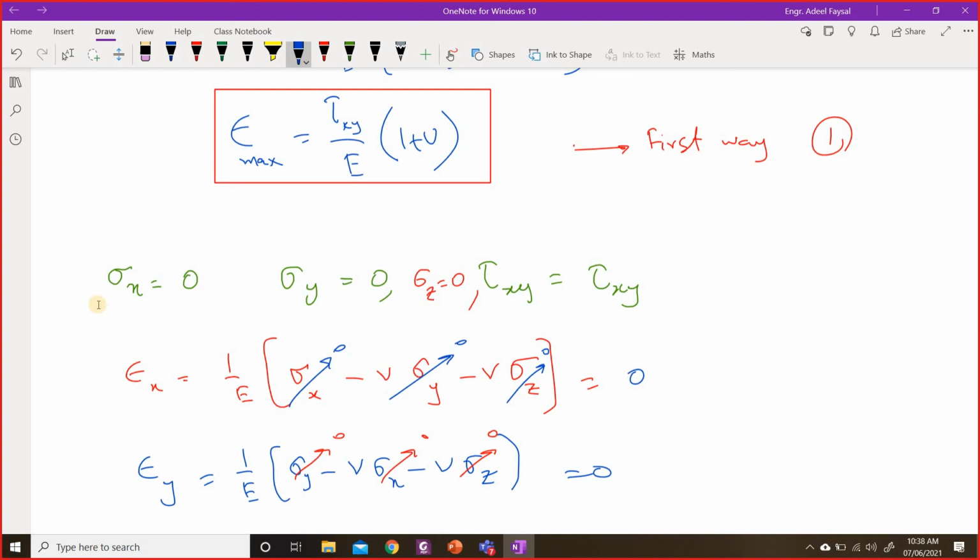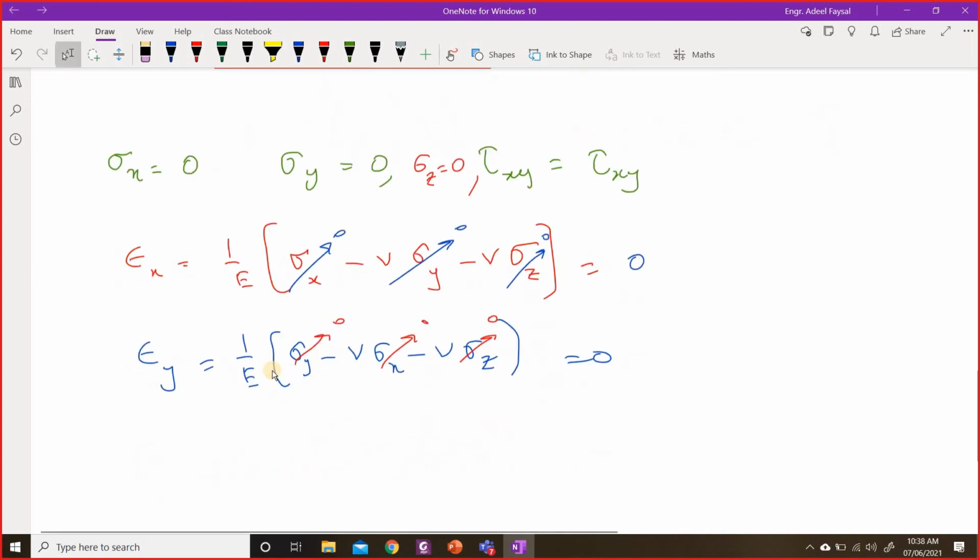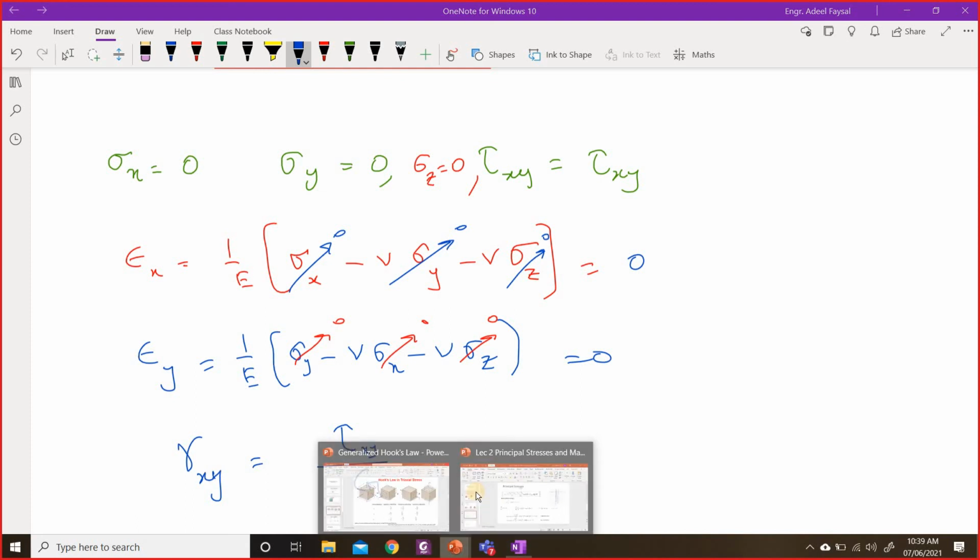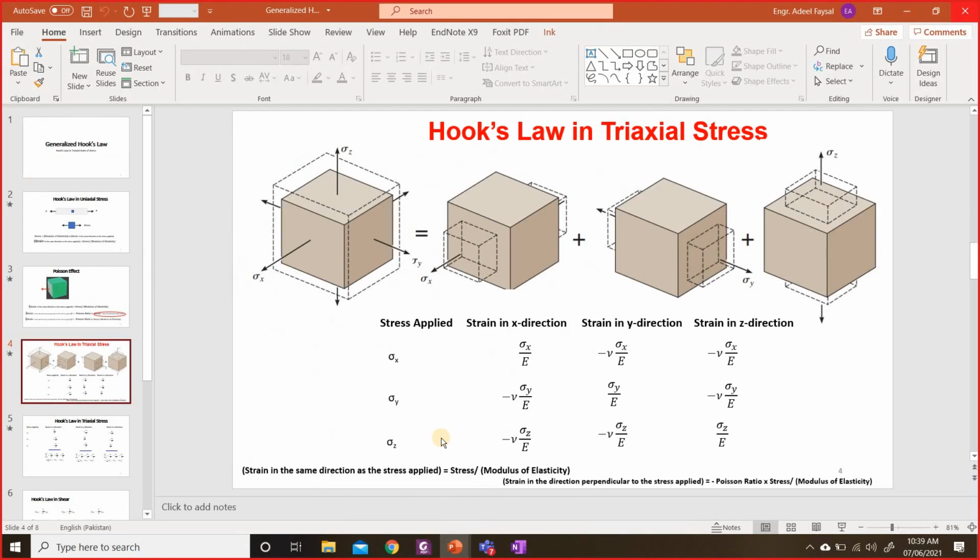And what about the other strain, gamma xy? Gamma xy is equal to tau xy over G. This is what we have seen in this lecture.